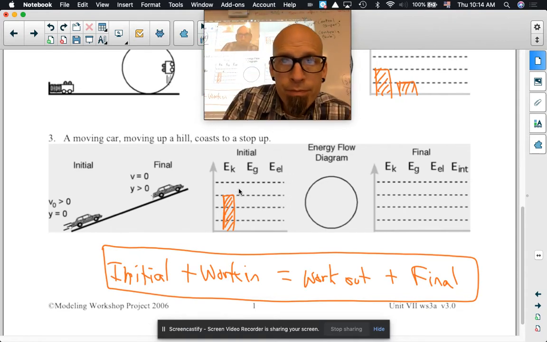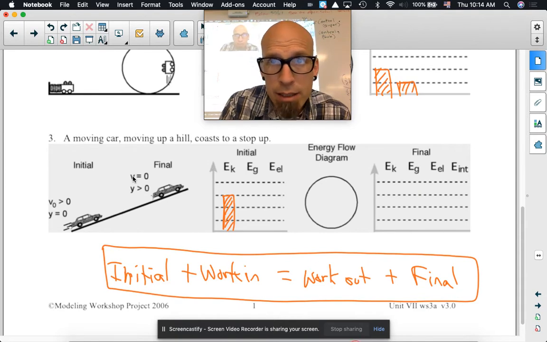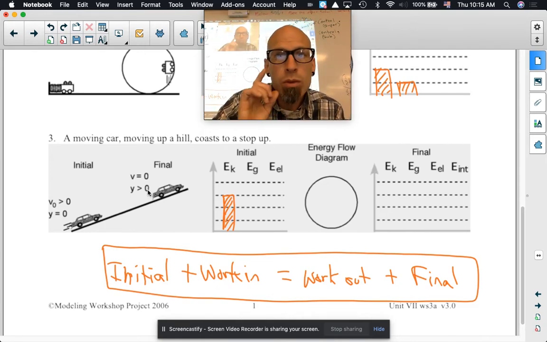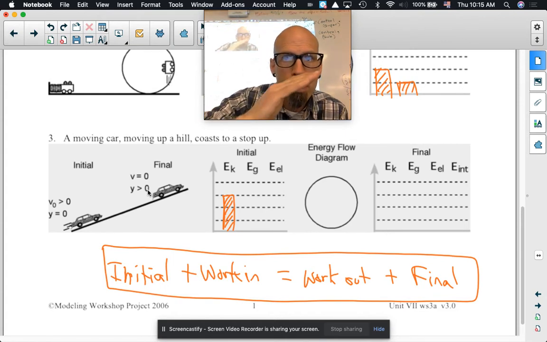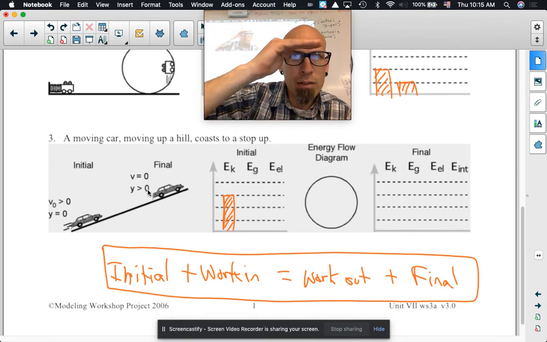Now, at the end, what do we have? We don't have any velocity. We do have height. The height is now greater than 0 because the car went up. So as it was losing velocity going up the hill, it's losing kinetic, but it's gaining height. That means it's gaining gravitational.